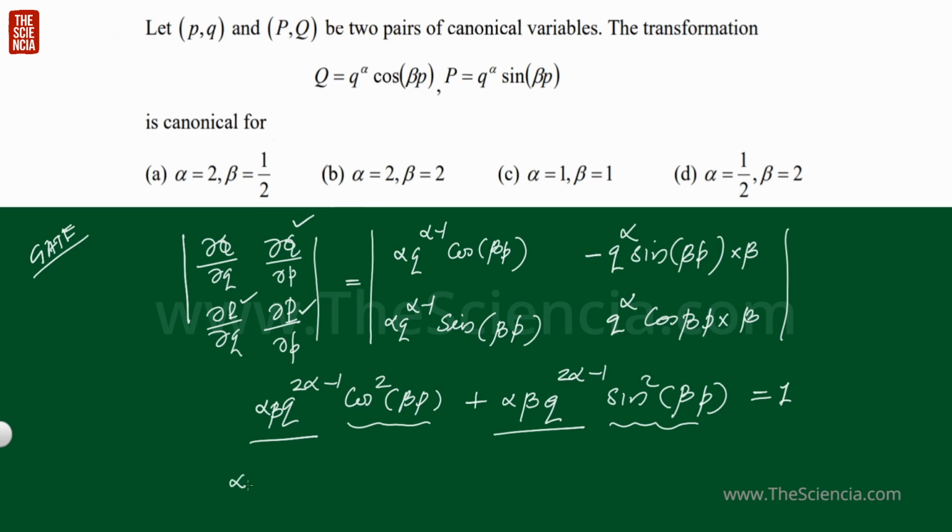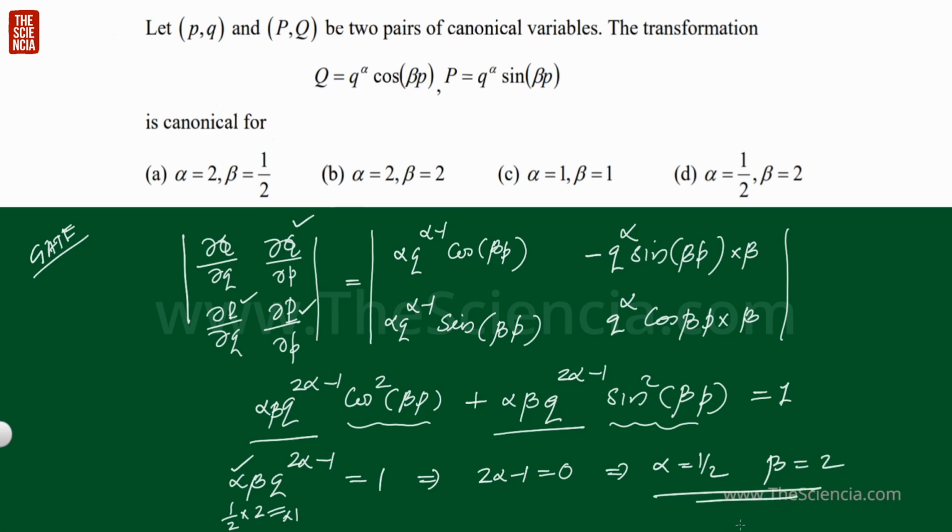So we get alpha beta q raised to 2 alpha minus 1 equal to 1. Therefore, to remove the q term, 2 alpha minus 1 should be equal to 0. Then only we get q raised to 0 equal to 1, right? So alpha equals 1/2. Now if alpha is 1/2, then beta should be equal to 2. Then only we get 1, right? So beta should be equal to 2. This is the answer, that is option D.